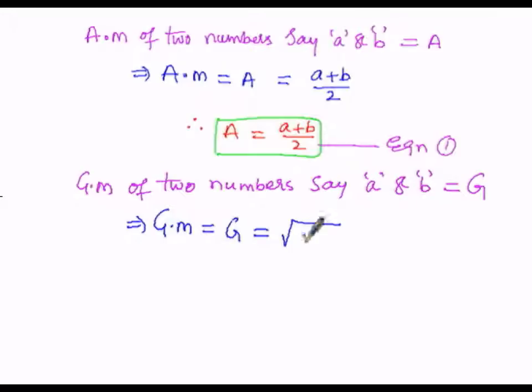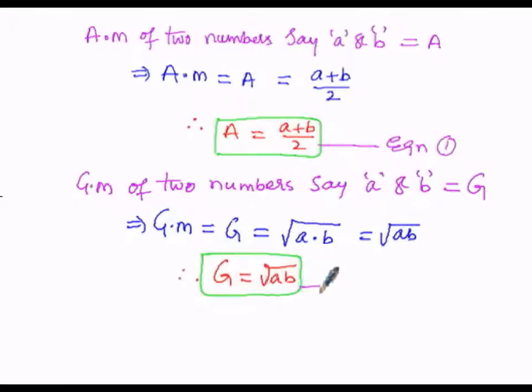So here a and b are the two numbers and the product is a into b. So root of a into b gives us the geometric mean of those two numbers a and b. Therefore G, geometric mean, equals root of ab, which is our second equation.